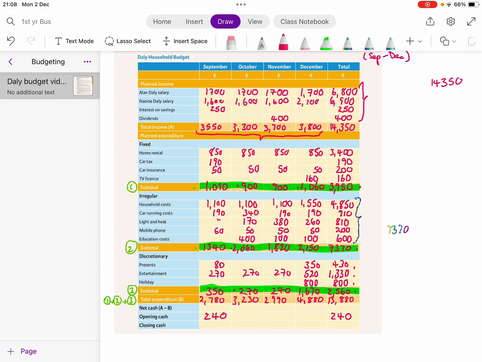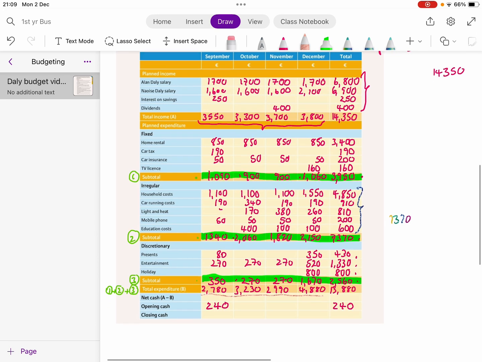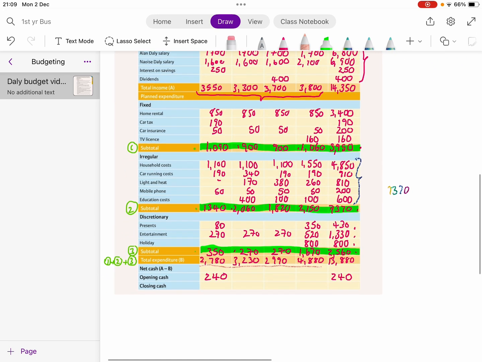At this point, girls, I would just do a quick check that those 4 figures equal the 13,880 as well. So I have my 2,780, my 3,230, my 2,990, and my 4,880, and it gives me 13,880. And now I'm happy that my figures are generally correct.